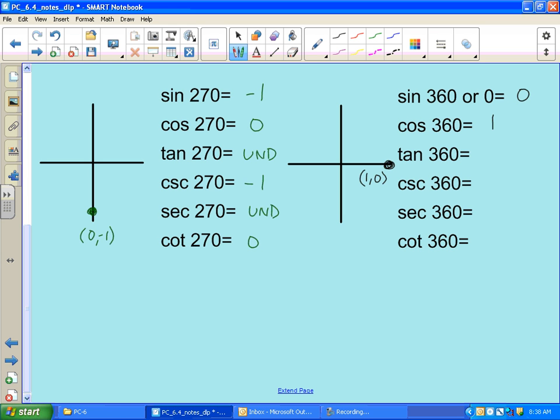Cosine in this case is 1. Tangent, y over x, 0 again. Cosecant is undefined. A secant is a 1 and a cotangent, x over y, is undefined.